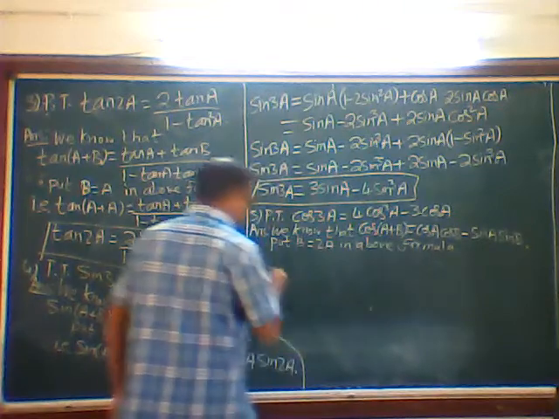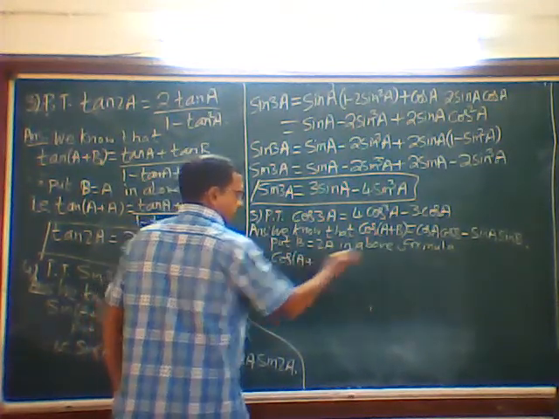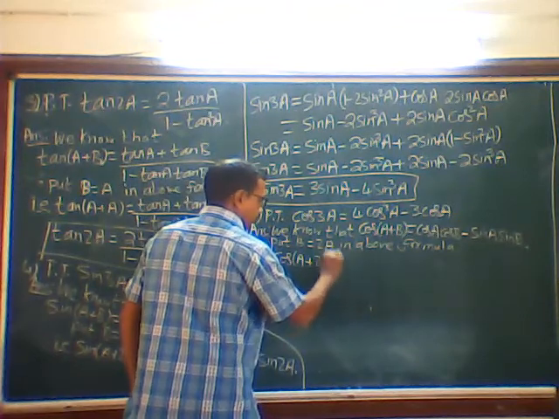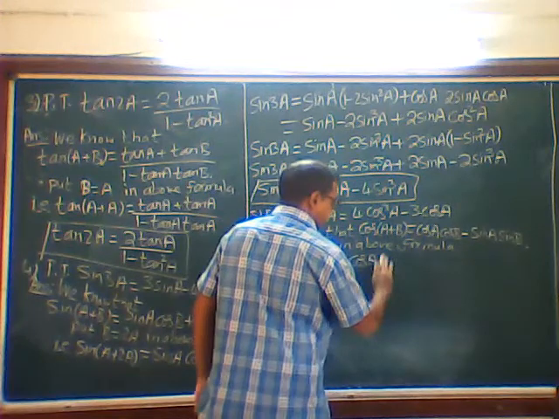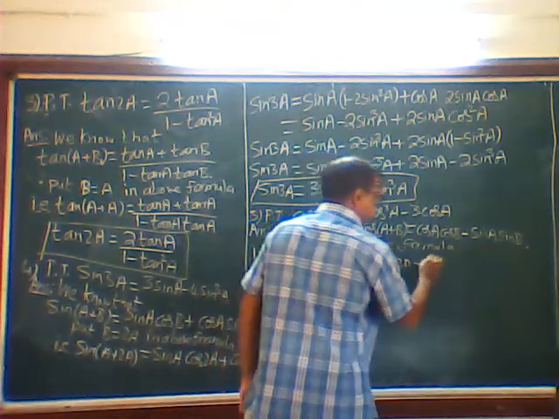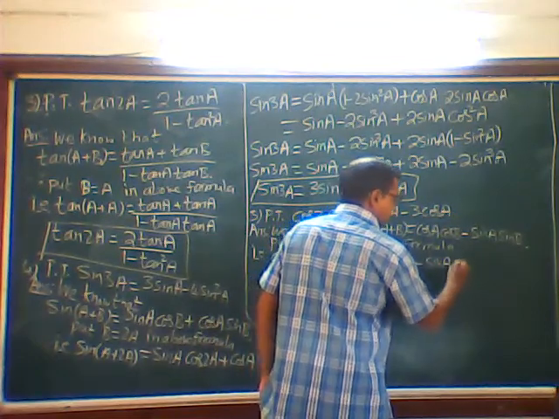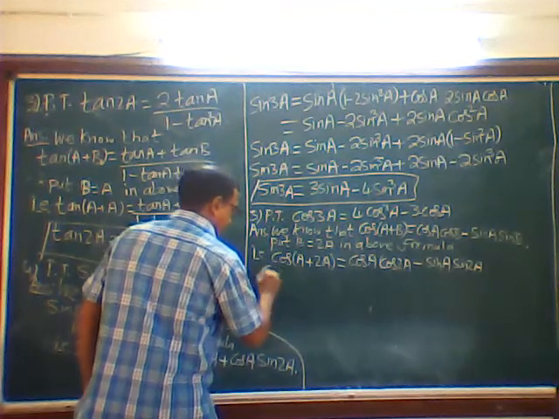Okay? That is cos of a plus b, so 2a. Cos a, again cos b is there, cos 2a, minus sin a sin 2a. This will become what?